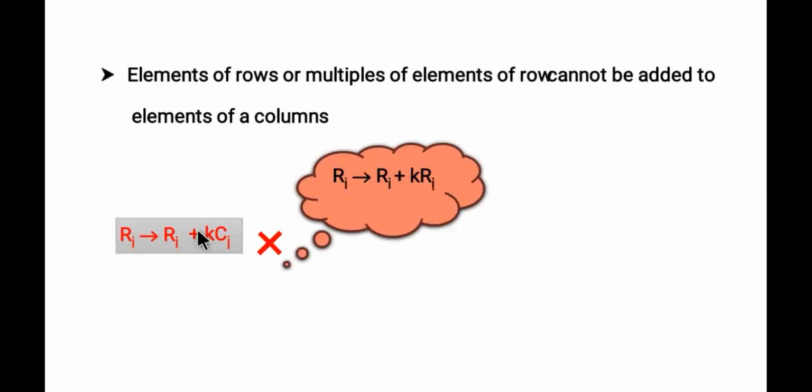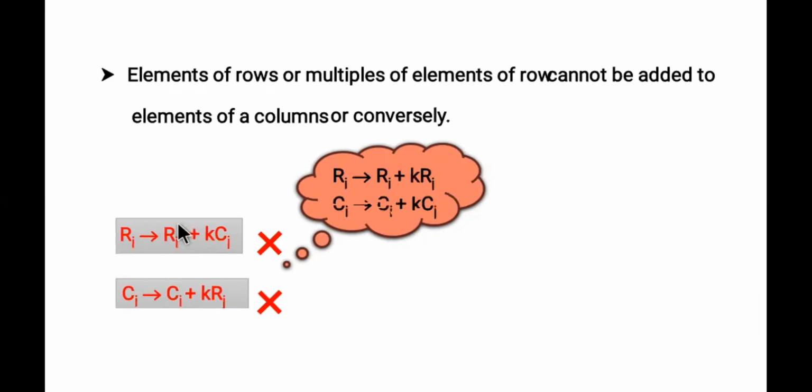So this is wrong, you have to use this particular concept only. And similarly, conversely also it is not applicable, that is you cannot change any of the columns with the help of your row. Okay, so it has to be Ci implies Ci plus k times Cj, and Ri implies Ri plus k times Rj.